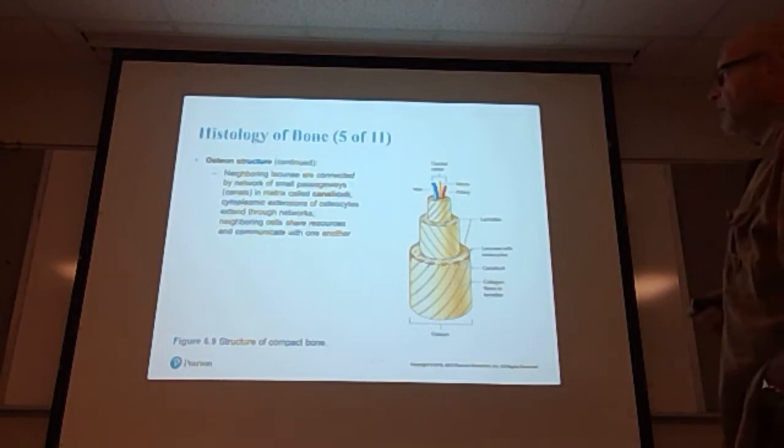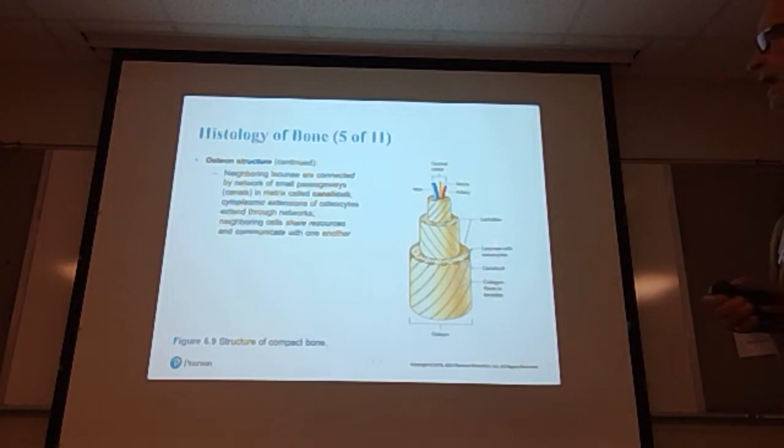The neighboring lacunae are connected by a network of small passageways in the matrix called canaliculi. Those are those little hair-like structures. If you remember a couple of slides ago, we said that the osteocytes resemble jellyfish. If you've ever seen a jellyfish, there's the large head-like thing with the little tails running off.